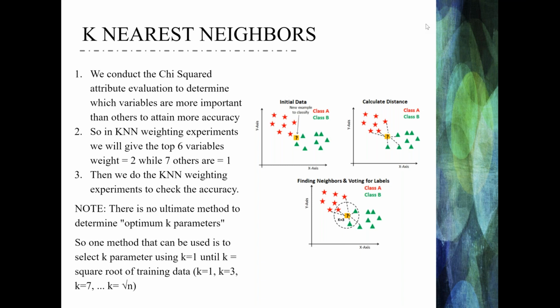The top 6 variables are given weight 2, while the other 7 are given weight 1. Then we do the KNN weighting experiment to check the accuracy. One of the most common ways to select the k parameter is taking the square root of the training data set size and checking the accuracy.